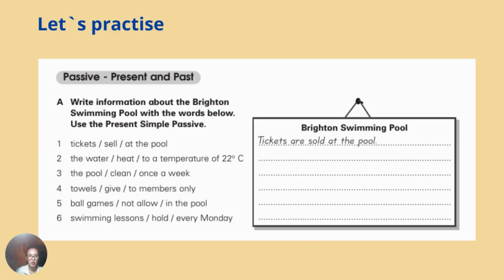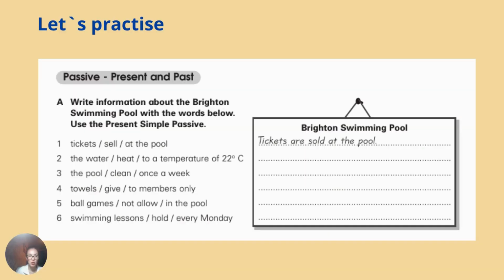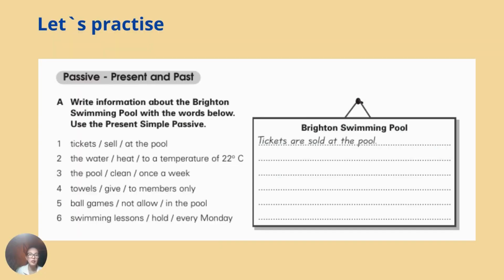Here we see the plural noun tickets. So after a plural noun we should put the to be form are, and we put are. We change the to be into are. After are, we should put the past participle, or for regular verbs the ending ed.